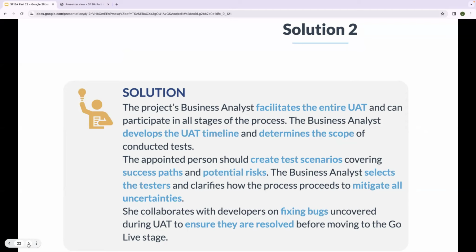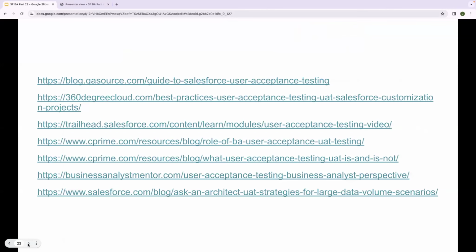The business analyst selects the testers and clarifies how the process proceeds to mitigate all uncertainties. She collaborates with the developers on fixing bugs uncovered during UAT to ensure they are resolved before moving to the go live stage. These are some resources for this.